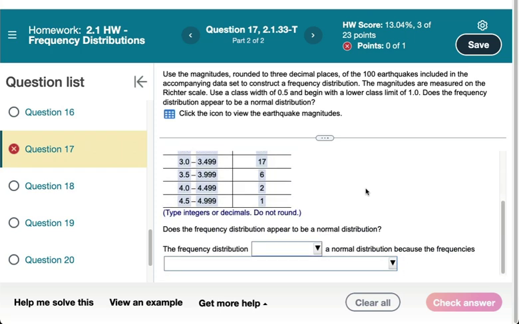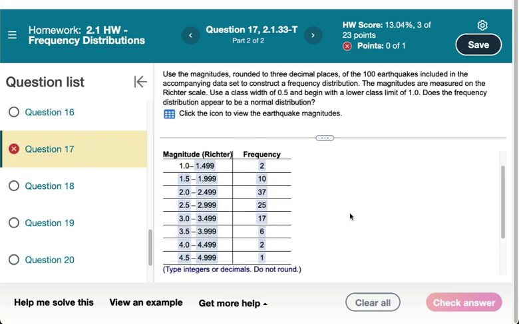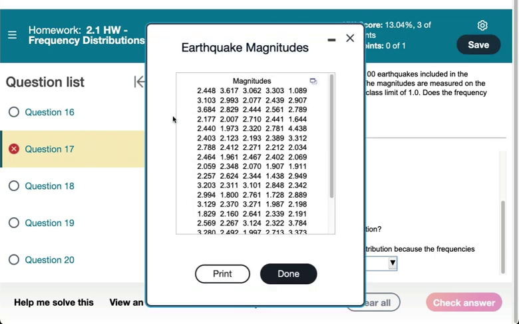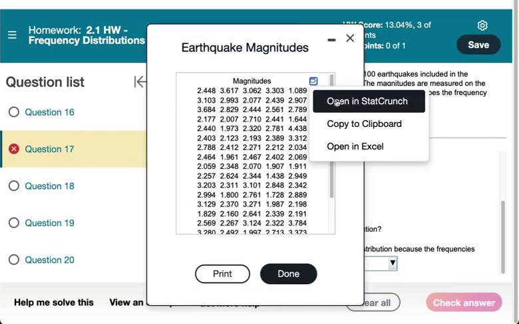So let's answer the next question. Does the frequency distribution appear to be a normal distribution? So to answer that question, I really kind of need to be back in StatCrunch again. So let's view these again.